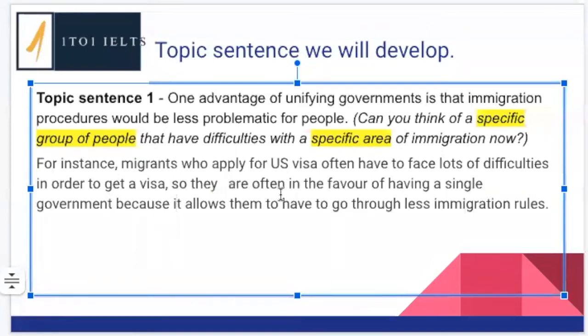Okay, so first off, we're going to fix some language issues here to make this a little bit clearer. So migrants who apply for US. So what is our issue with this? We're talking about visa in general. So what do we need to do here?